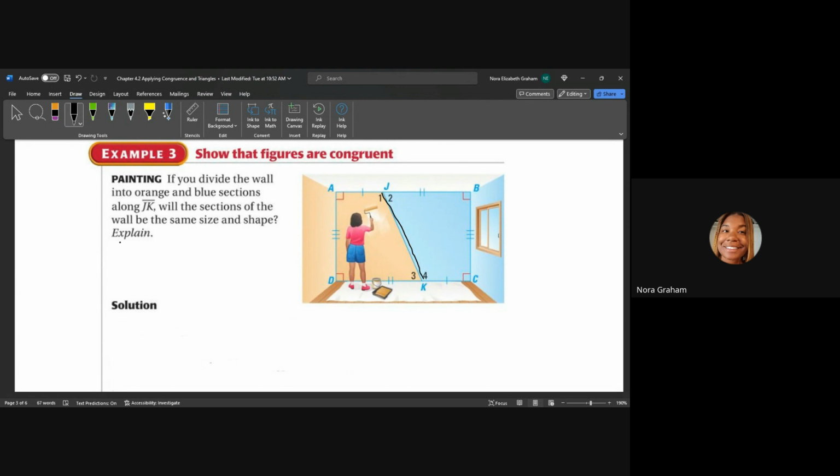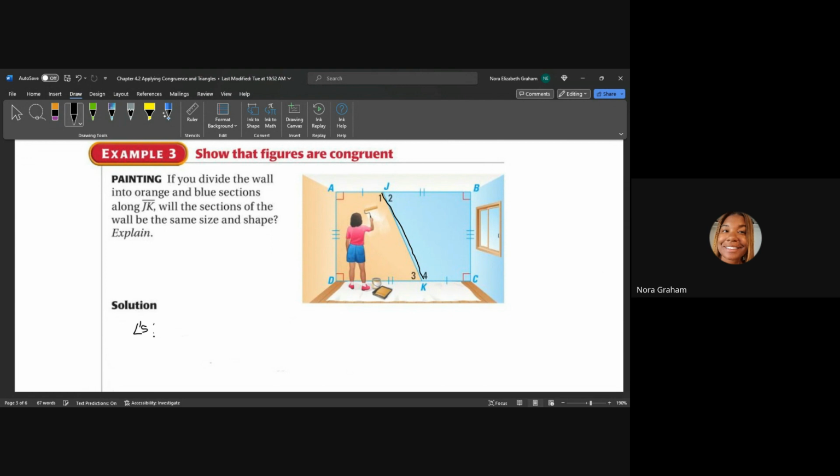So remember, to show same size and same shape, we need to show that all of my sides are corresponding and then all of my angles are corresponding. So let's start with angles.